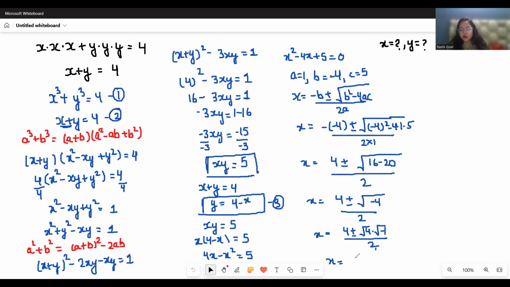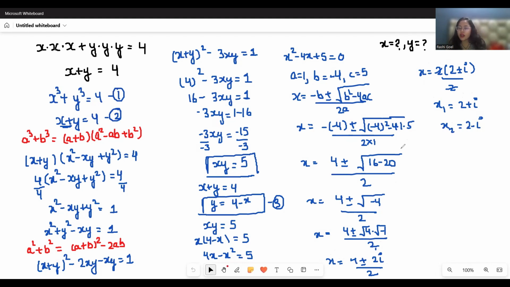So x is equal to 4 plus minus under root 4 is 2 and under root minus 1 is iota by 2. Now from the numerator, if you take 2 as common, so 2 plus minus iota by 2, it will cancel out. So x1 is 2 plus iota and x2 is 2 minus iota.